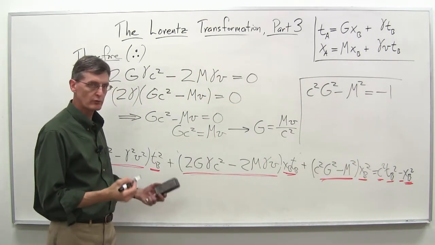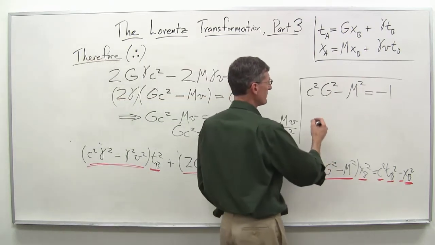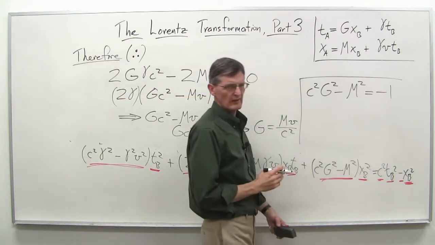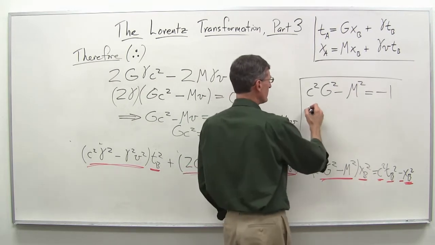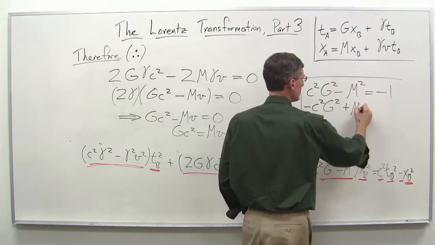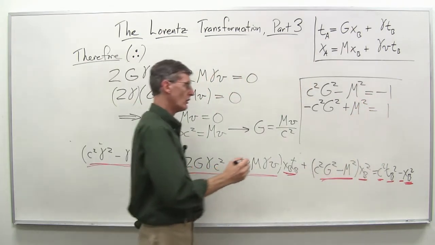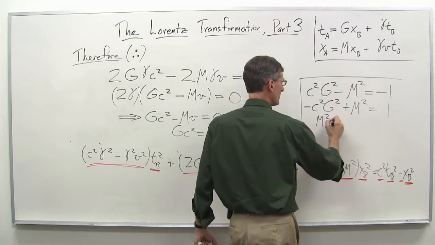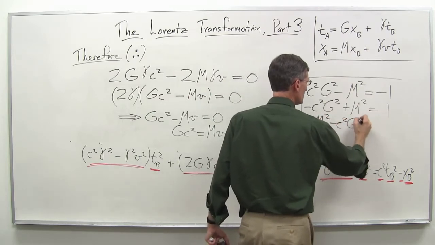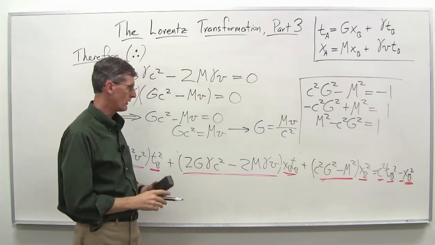And so let's work with this a minute. I'd like to get rid of that -1. So that's the same as minus c squared g squared plus m squared equals 1. Or m squared minus c squared g squared equals 1. Just flip those terms there.